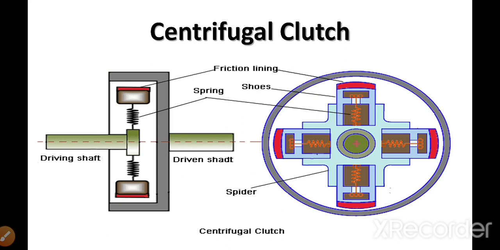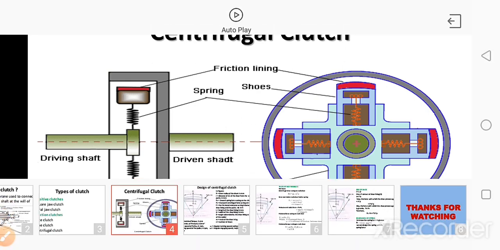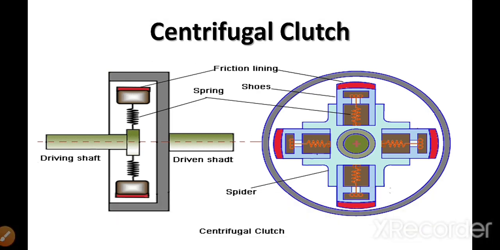All these shoes are held in position by means of tension springs when the clutch is not working. On the top side of each shoe there is a friction lining.